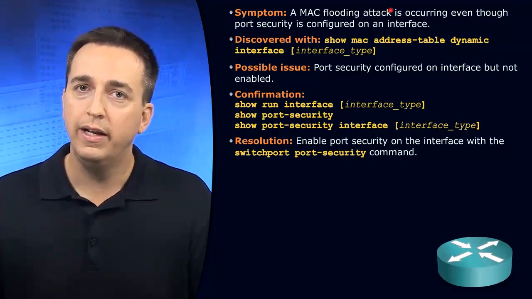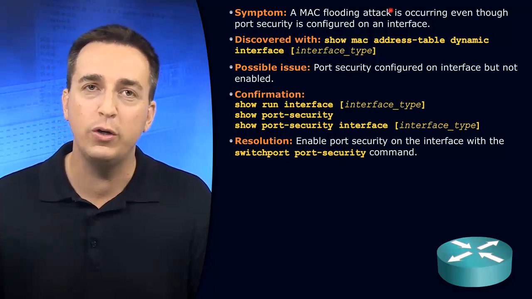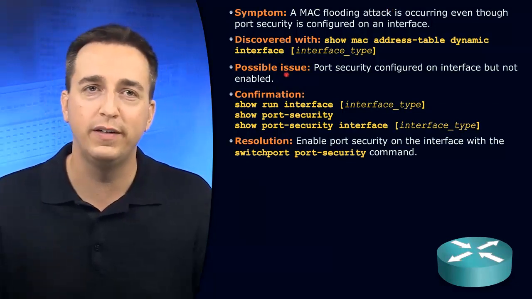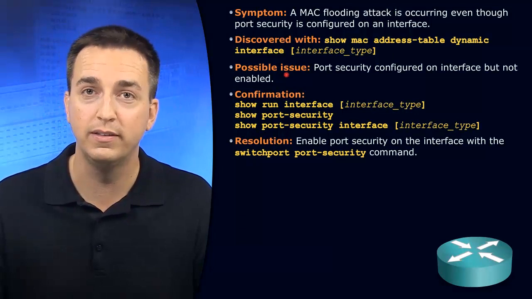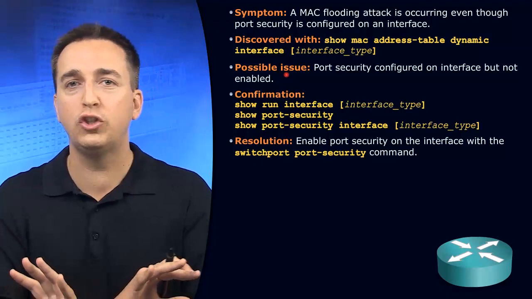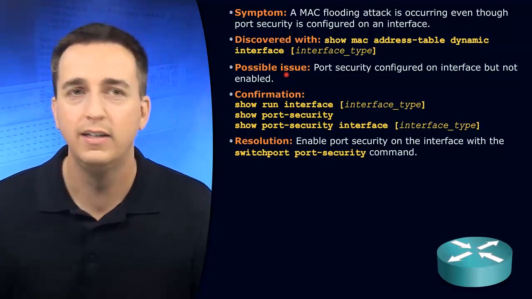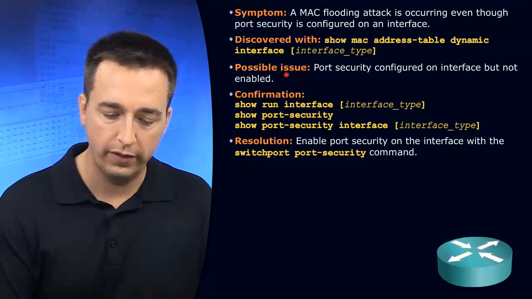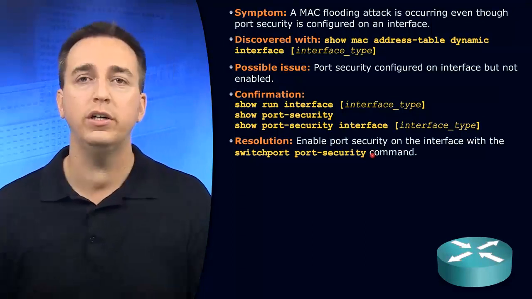Well, it might be because even though you configured port security, you forgot to enable it on the interface. To enable port security on an interface, you type in switchport port-security.